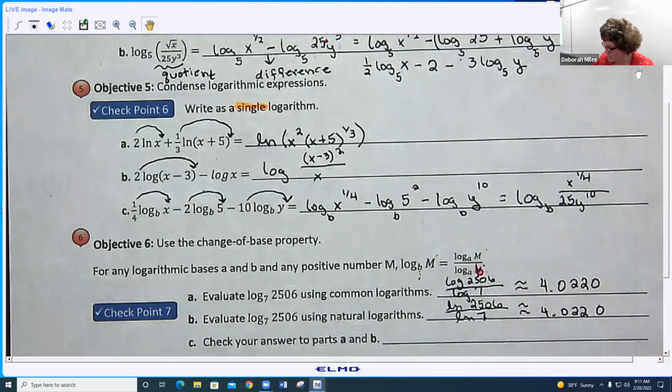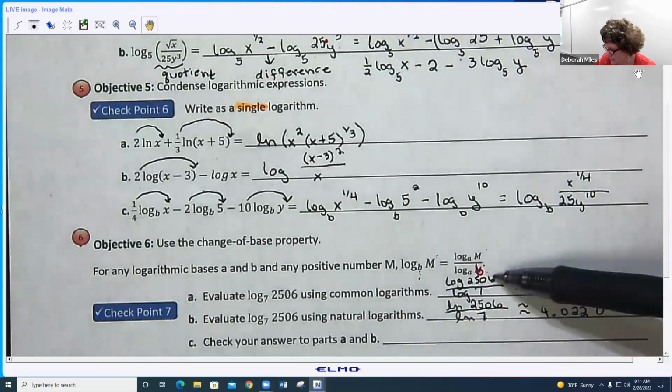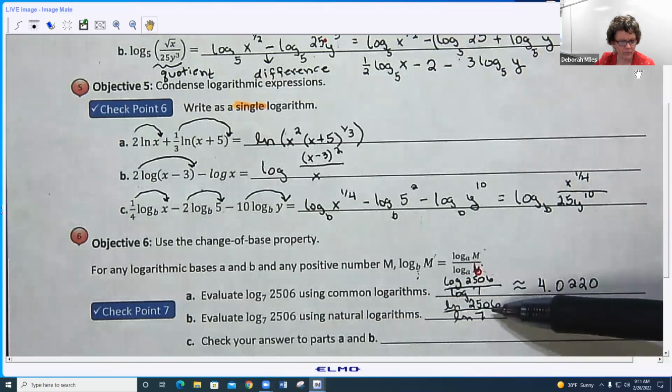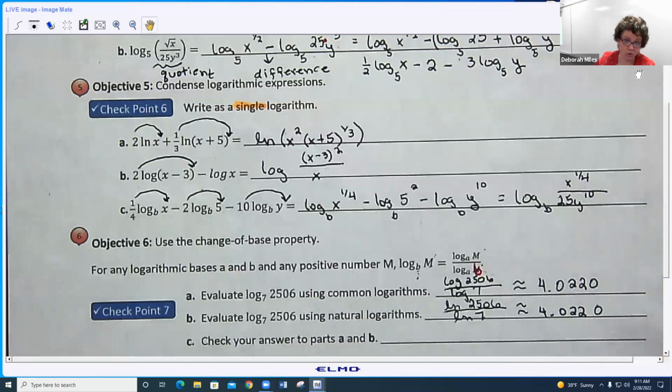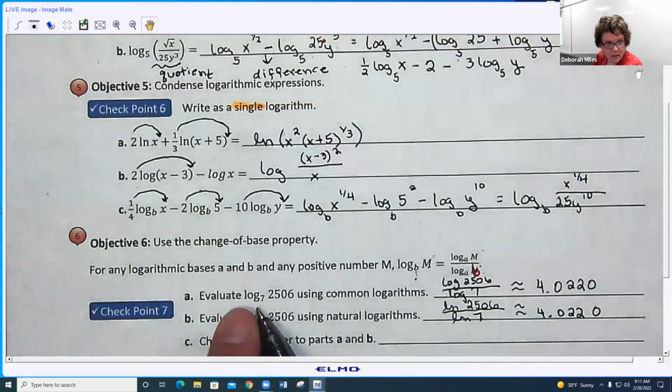So we do get the same answer whether we use log base 10 or natural log, but maybe I did both of them wrong. Maybe that's not the right answer to either problem. Well, logarithms are checkable. If I say log base 7 of 2,506 equals 4.022, what would that be in exponential form? The base is what?